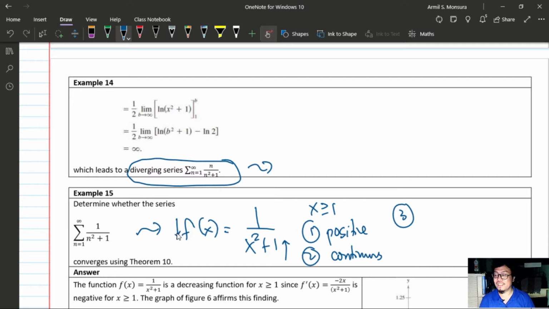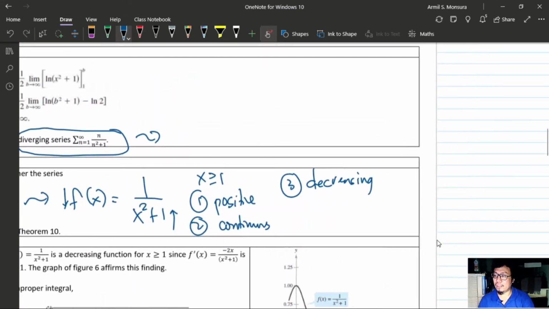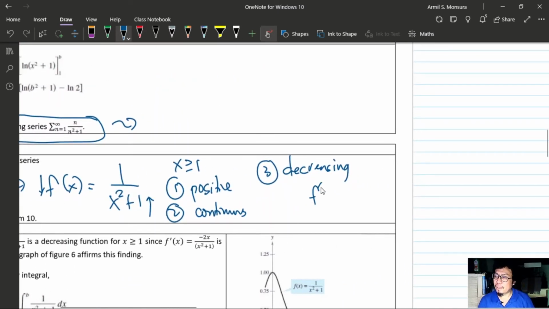Therefore, we can conclude that f of x is a decreasing function without actually getting the derivative. You can actually verify this using differentiation, by determining whether f prime of x is negative for x greater than or equal to 1.